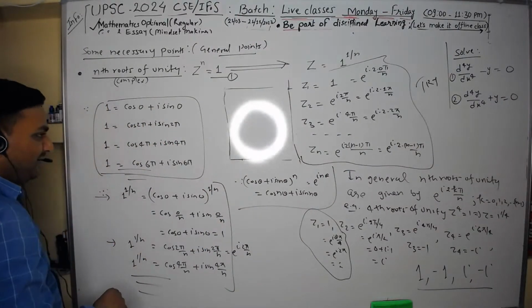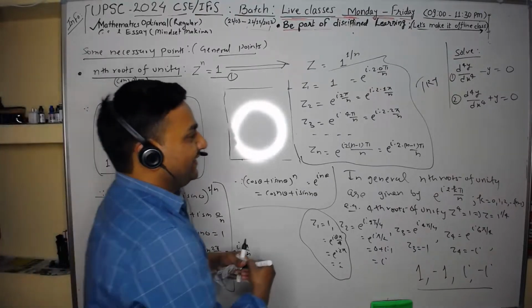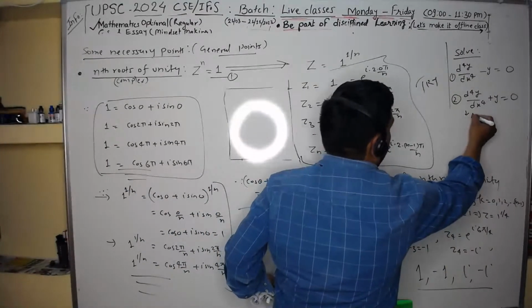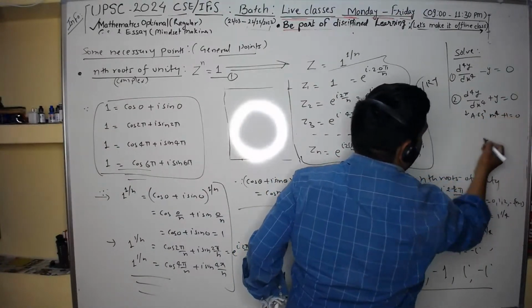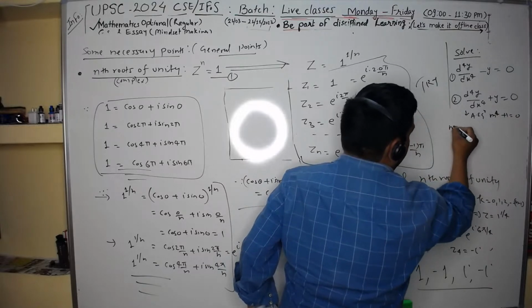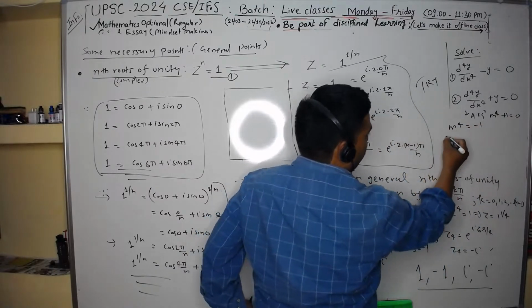Shall I show you? Look at how the auxiliary equation will appear. m power 4 plus 1 equals 0, right? This means m power 4 is minus 1.